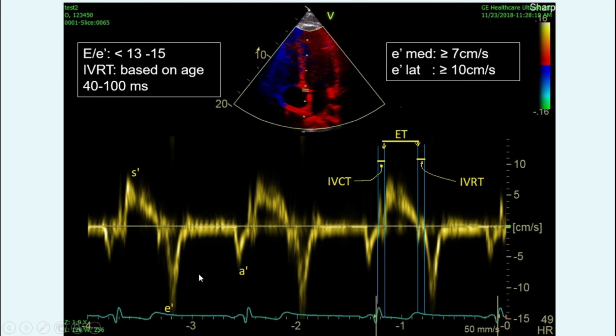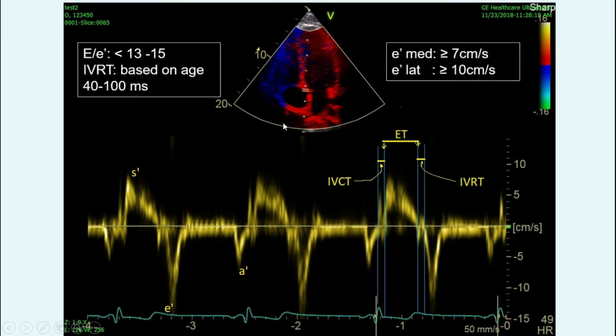For measuring, we have to find the one that has a clear and sharp peak, and we don't include the spike or blur part. The easiest way is to follow these two rims and see where they meet each other, and this spot will be our E prime velocity.